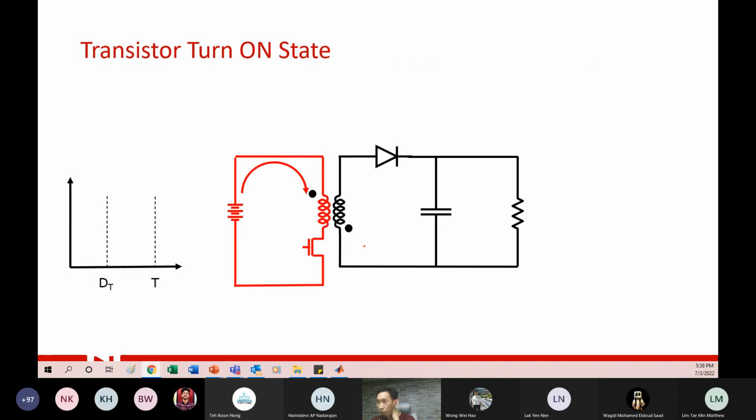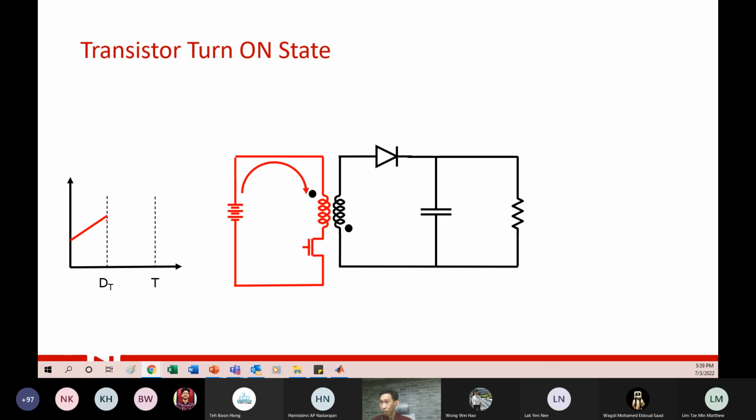Then when you turn on, this will charge. Turn on state, it will go and charge. Now the difference between this coupled inductor or high frequency transformer and the low frequency transformer is that a coupled inductor has the ability to store energy.